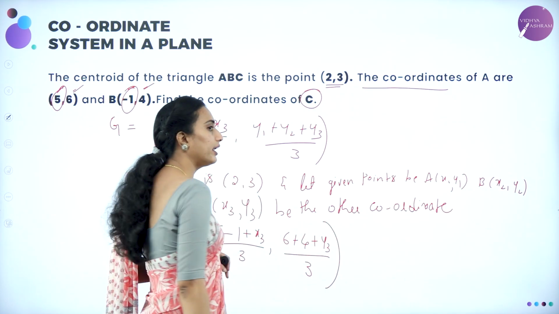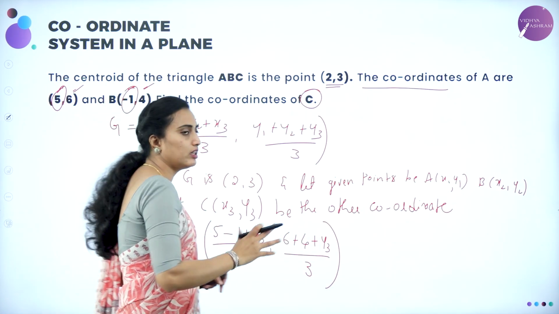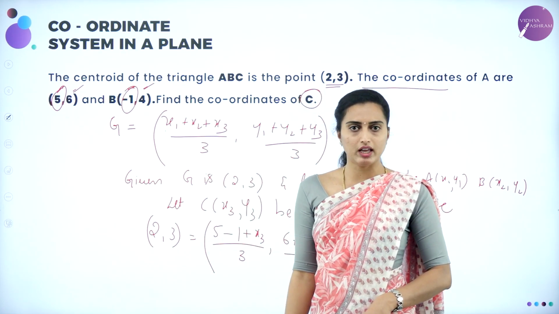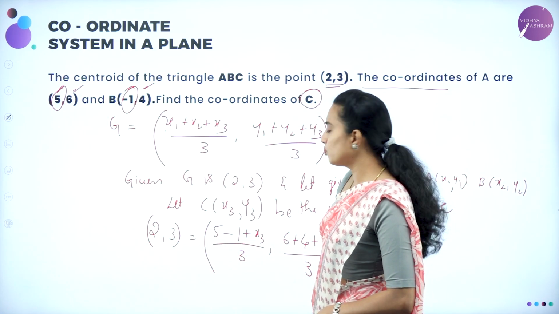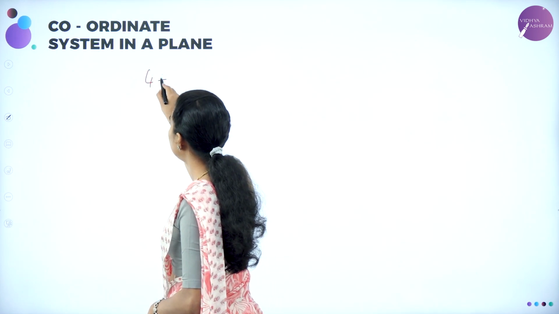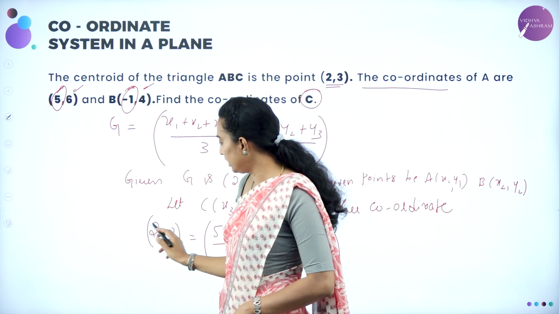Correct? So equate first coordinate with first and second coordinate with second, isn't it? Because right hand side we can equate that, 2, 3 they have given. So what it will be? We can equate that 5 minus 1, which is 4. So 4 plus x3 divided by 3 equating to 2.